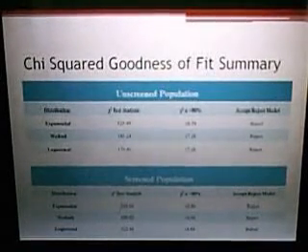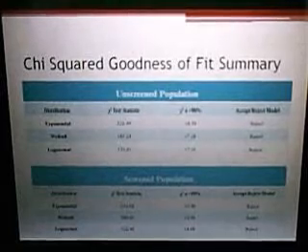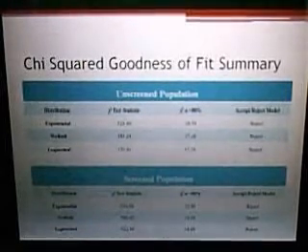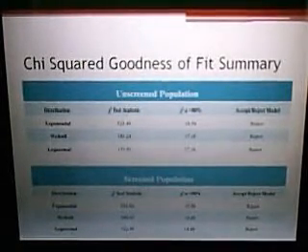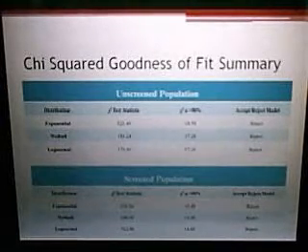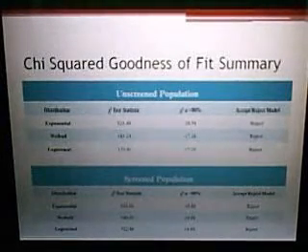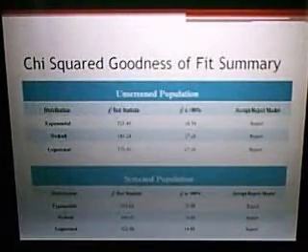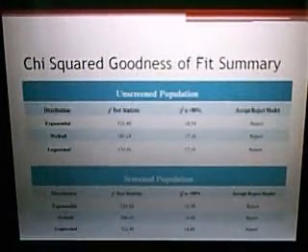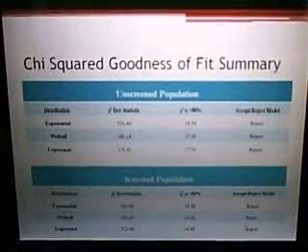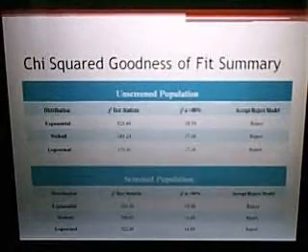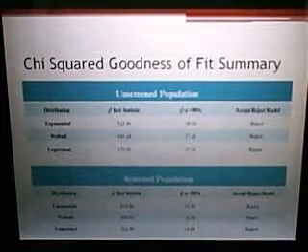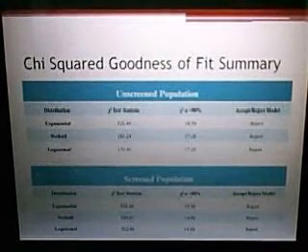So what we have here is the summary of the results. We can see from this that this analysis was not straightforward. The data that we have does not fit nicely into any one of the particular distributions that we were using for investigation. We would reject the null hypotheses and choose the alternative hypotheses in all cases.